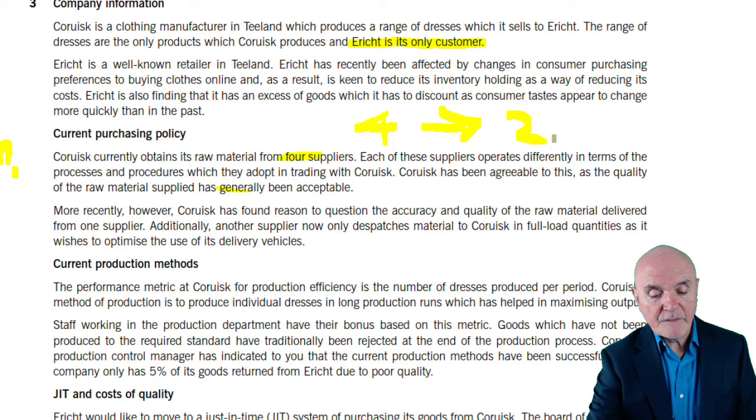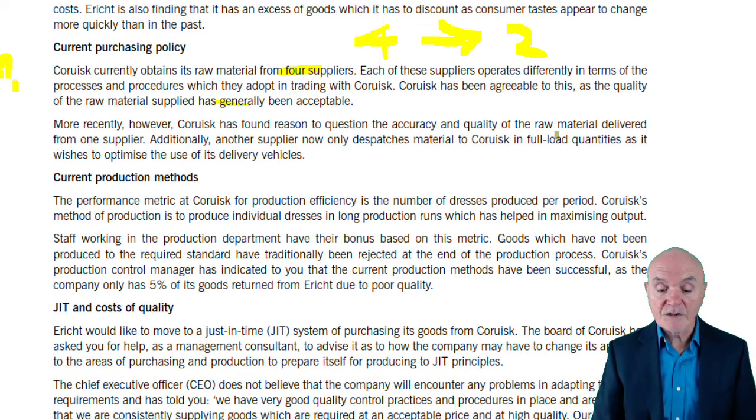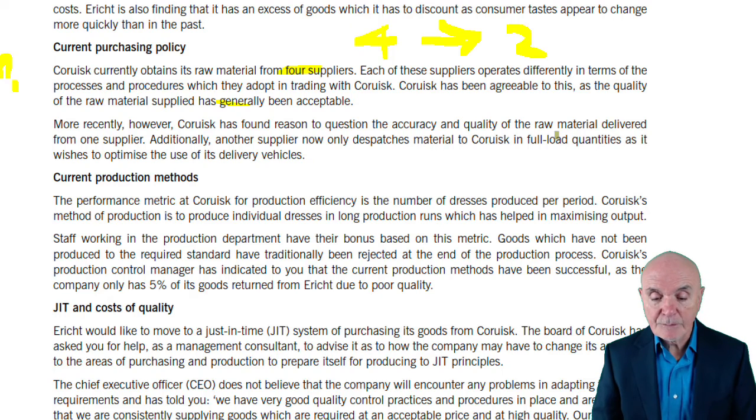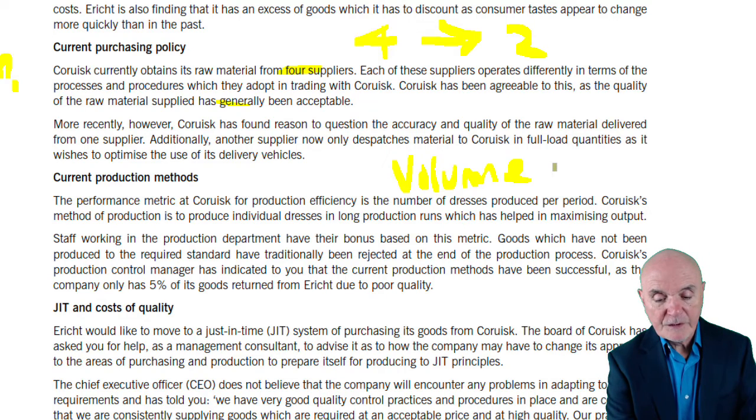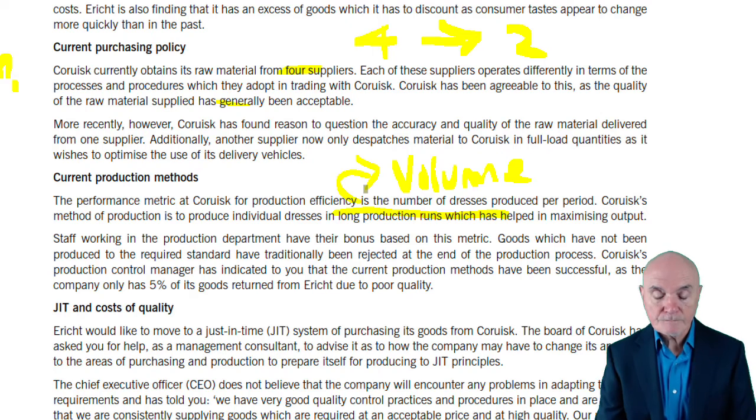The current production metric is production efficiency and the number of dresses produced per period. So it's very much a kind of volume business. And the method of production is to produce in long production runs, which is going to feed into this volume business.